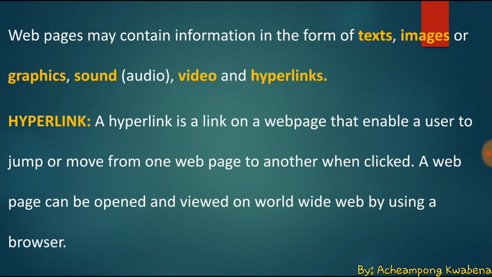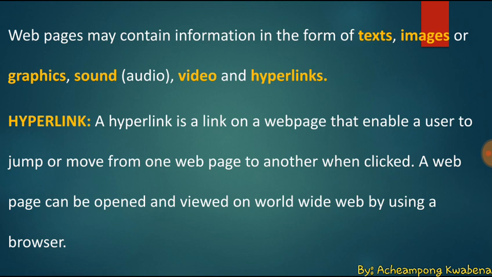Web pages may contain information in the form of text, images or graphics, sound, video, and hyperlinks. So whenever a web page is opened, what we see is either text, image or graphic, sound, that's audio, video, and hypertext. Someone may ask, what is a web page? We have explained what a web page is.